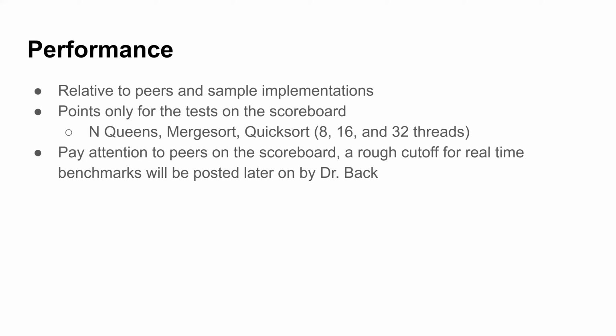All of these are different algorithms that will be run against your thread pool. I would pay close attention to the number of submissions your peers have made, and you'll see how fast your thread pool is comparatively to the other thread pools. So make sure you keep looking at the scoreboard for ideas as to how your peers are doing.